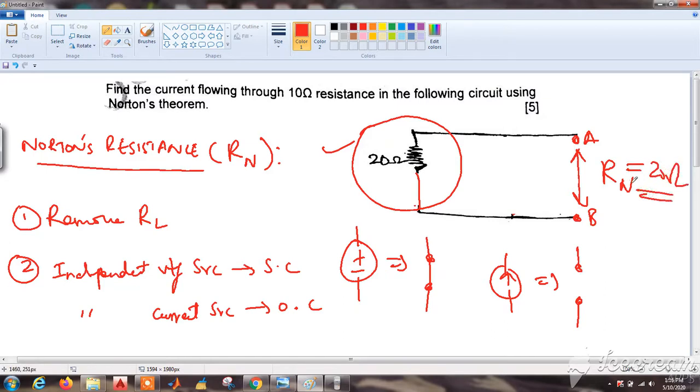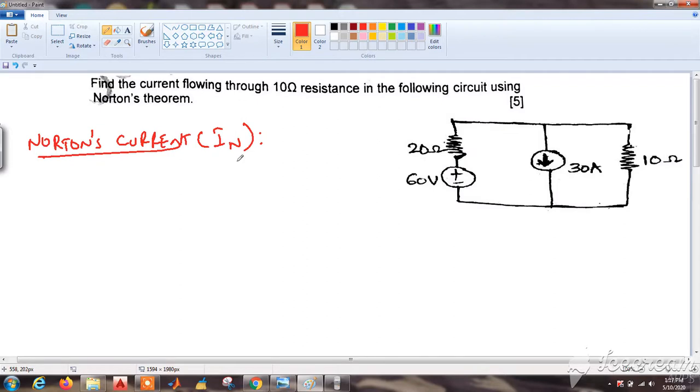Directly we can write because only one resistance is there, that too across AB. Now as we have got Rn equal to 20 ohms, let us solve for the current In. Before solving, please note that the same procedure is used for finding Thevenin's resistance RTH also.